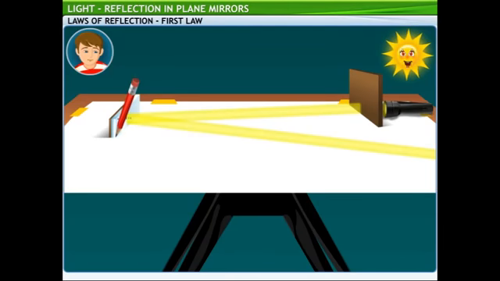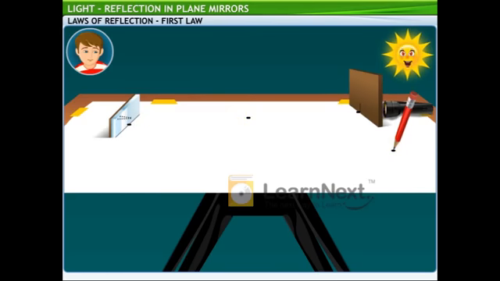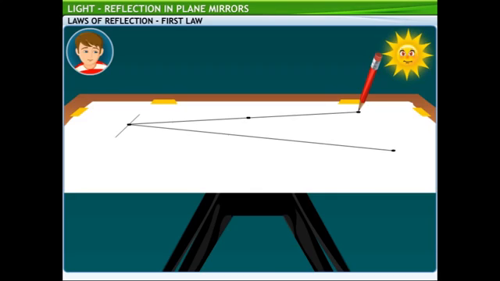Now, we draw a line on the paper along the mirror to mark its position. We mark some points on the path of the incident ray from the torch to the mirror. Similarly, we mark the path of the reflected ray. Now, let's remove the torch, cardboard and mirror and join the points.